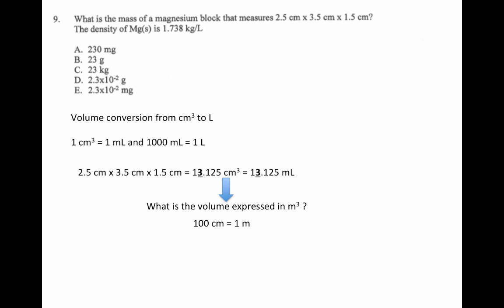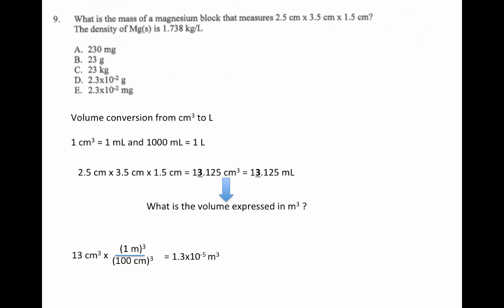Now, the unit volume as cubic centimeters, one other way you might see it would be to express it in a different set of cubic units, like let's say cubic meters. How would we do that? Well, by definition, 1 meter is 100 centimeters. When we set up our unit conversion now, if we had 13 cubic centimeters, for example, it's not a conversion simply between 1 meter and 100 centimeters because we needed to get to cubic centimeters.